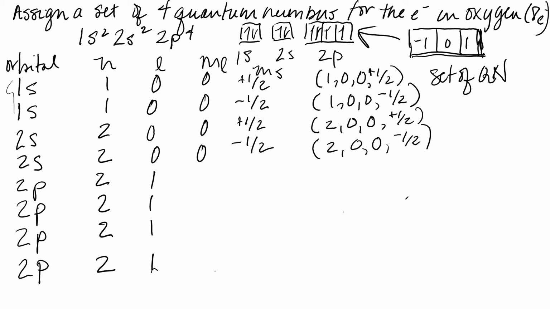But there are only 2 of them that are in the same orbital. And the way I've labeled these, the 2 that are in the same orbital have an M sub L of -1. And then we have 1 in the 0 and 1 in the 1.